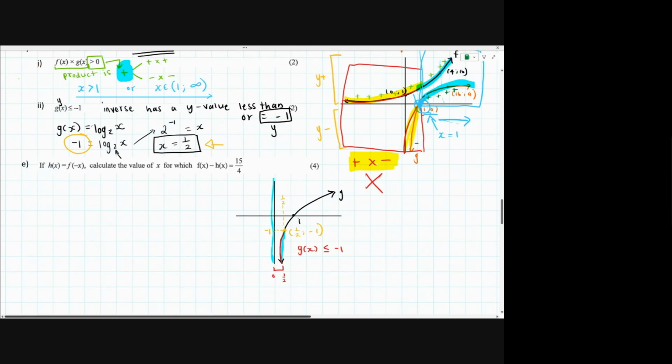Now, when it is a continuous section like this, you start with the smallest value, you end with the biggest value, put x in the middle, and I don't know why I'm writing that there because that's not where the question is. Let's try that again. Start with the smallest, end with the biggest, put x in the middle, and then put in your inequality signs. In this case, it was where it was equal to -1.